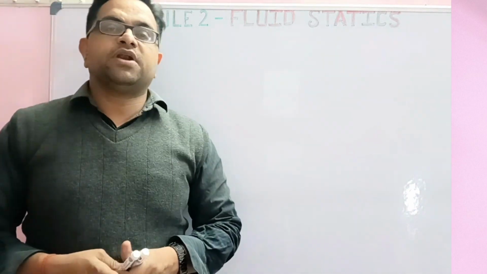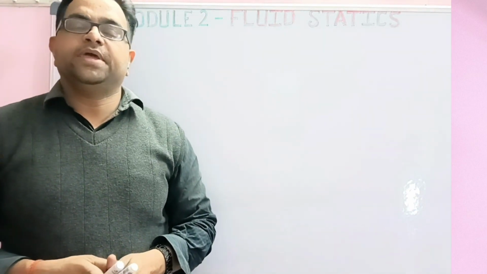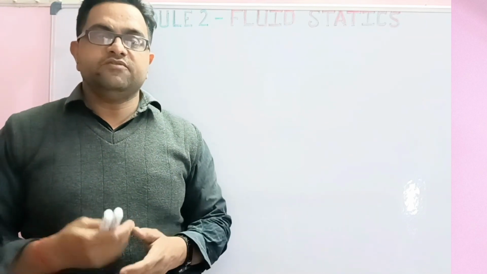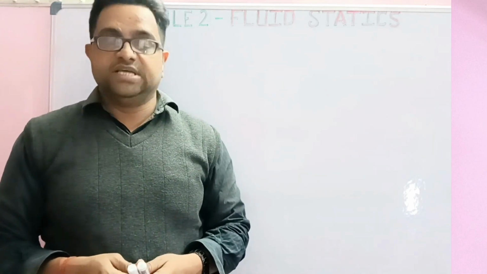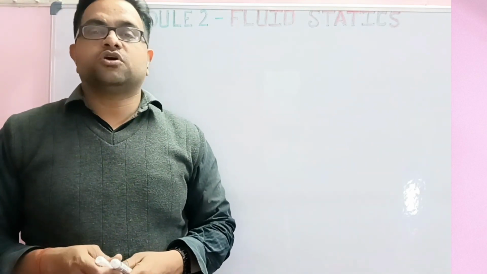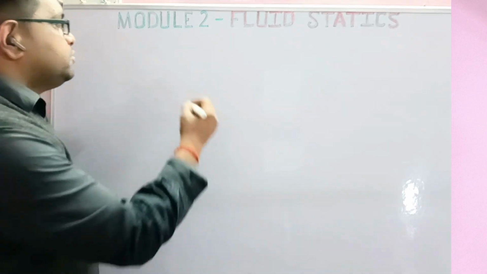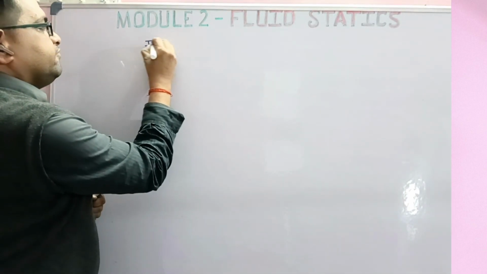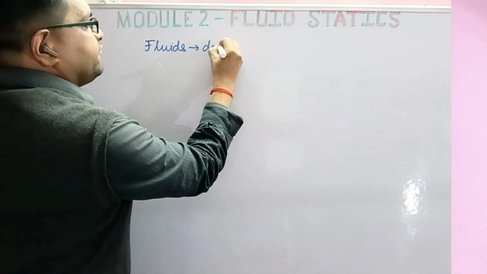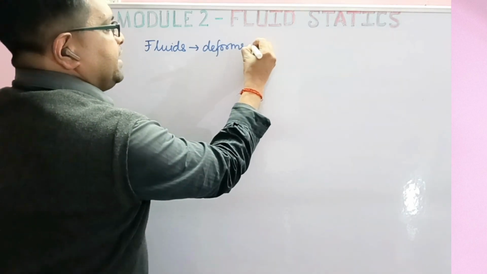Now, recalling our definition of fluid, we may recall fluids as substances that deform continuously under the action of a shear stress, and it is this continuous deformation over time which constitutes a flow.